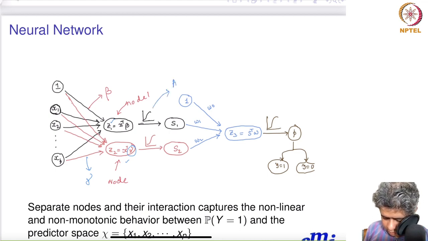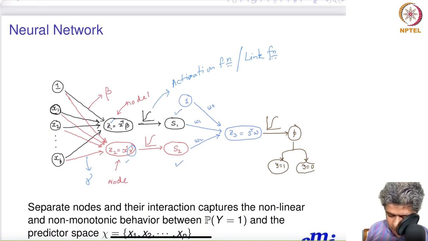Again, each of them will go through an activation function, or in statistics literature we call it a link function. Now we have S1 and S2, and then again I can consider an intercept parameter, then omega naught, omega 1, omega 2, that gives me Z3, another node.